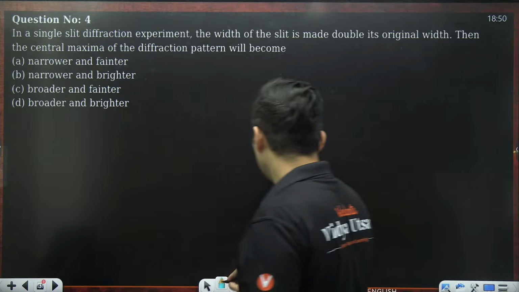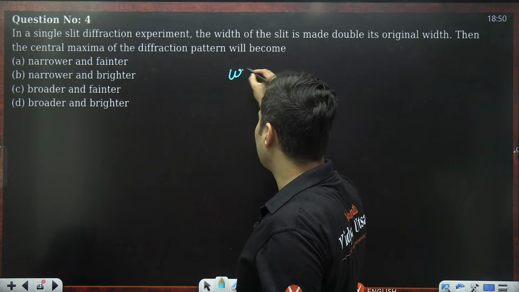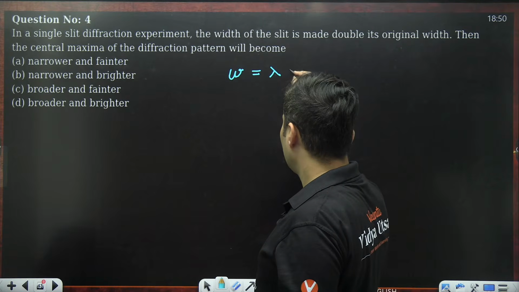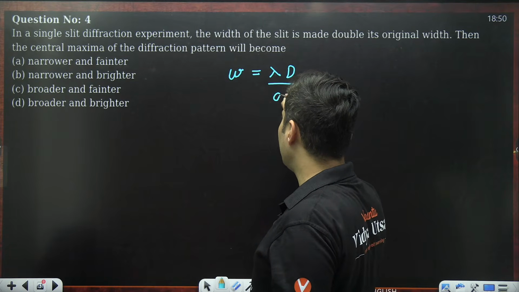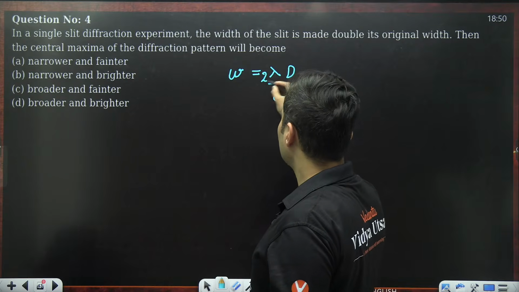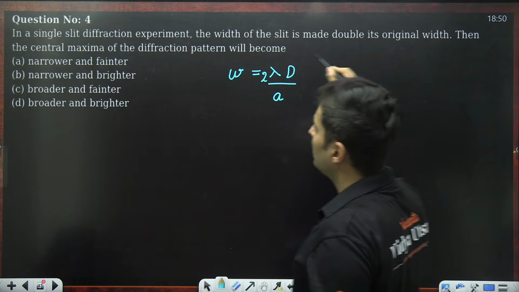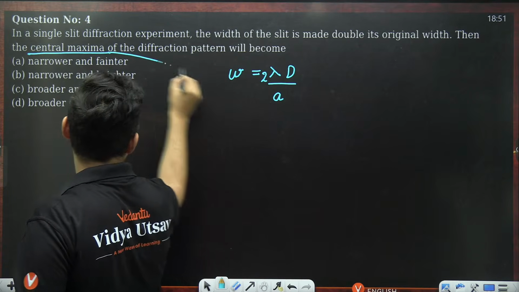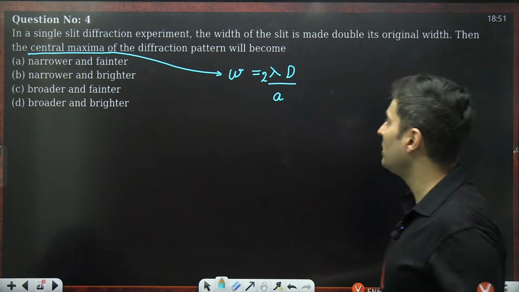Yeah. So the central maxima width is 2 lambda d by a.